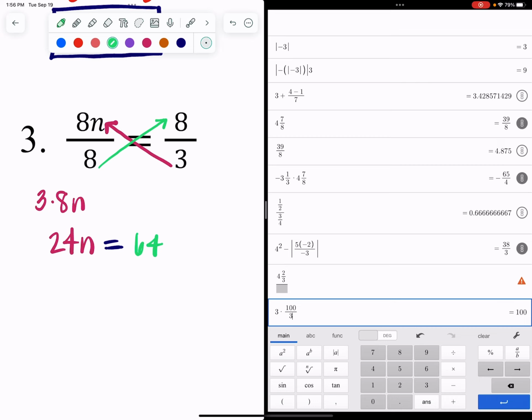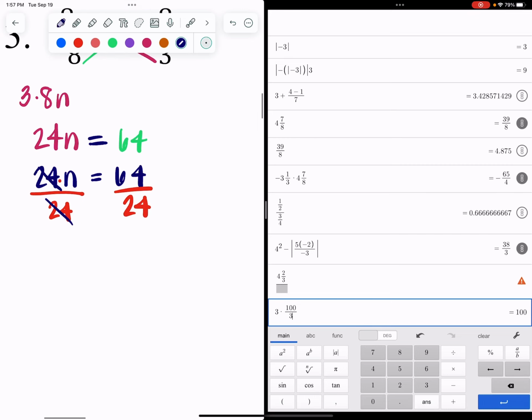Again, we want to use an opposite operation to isolate the n. 24 times n is what we've got. So to undo multiply, we divide. My 24s will divide out.